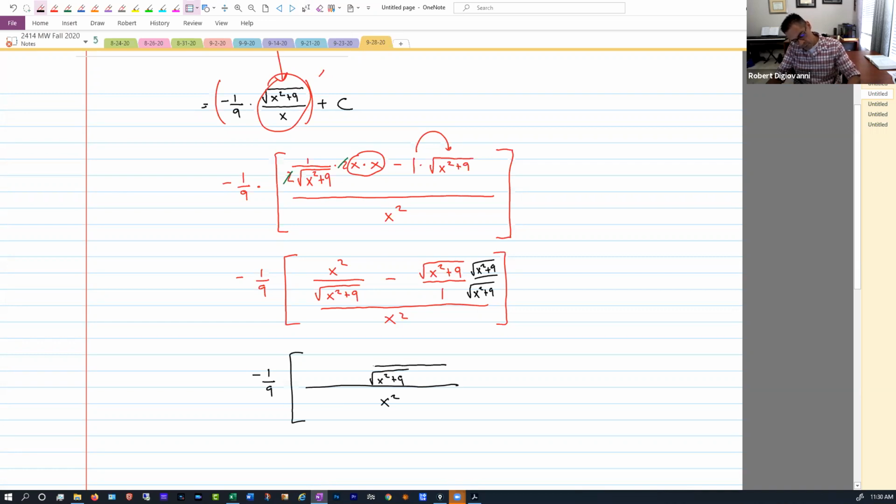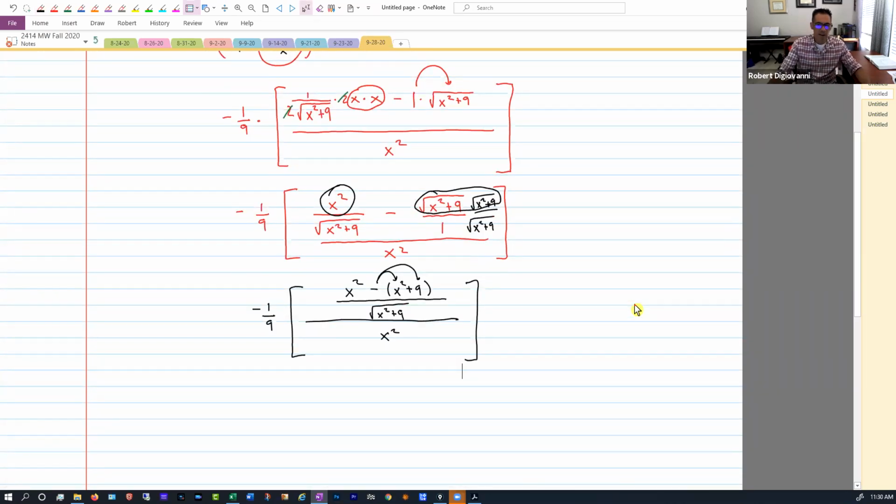And then my new numerator, let's see what that's going to be. Well, x squared minus, and then when we put those two together, because they're both square roots and they're identical, you multiply them together, the root goes away. And so I'm left with x squared plus 9. I have to be careful to put that in parentheses because this negative will have to pass through.